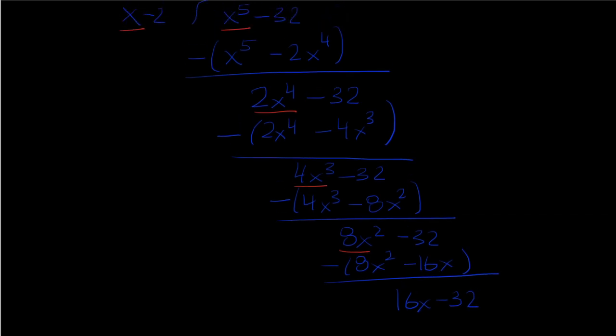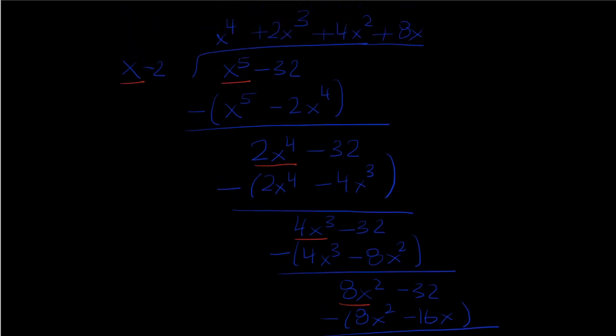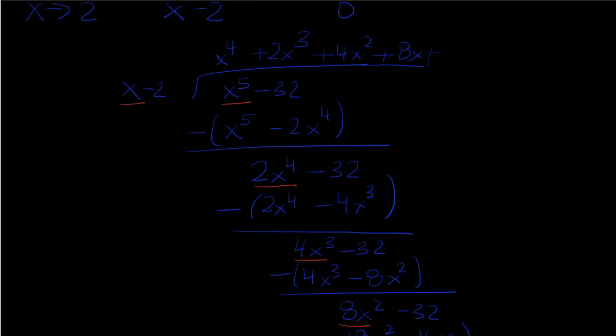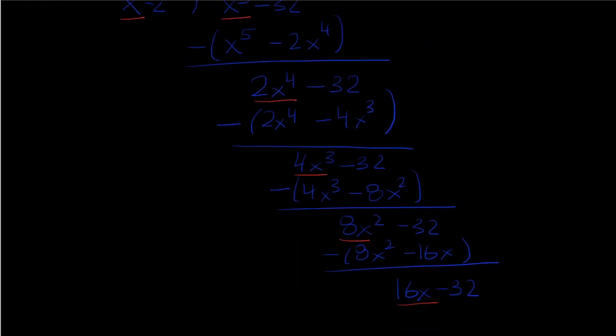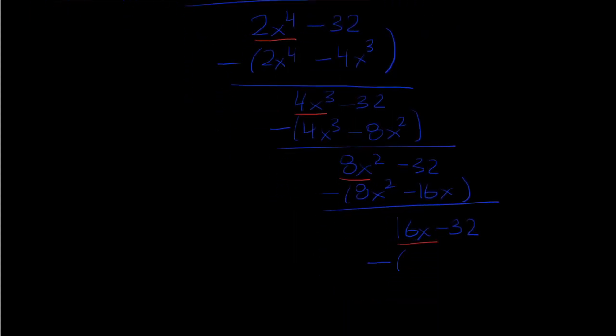And I see x and 16x, right? So I need to multiply x by 16 to get 16x. So I'm going to add 16 here. In doing so, when I multiply 16 by x minus 2, I end up getting 16x minus 32, and the remainder is 0.